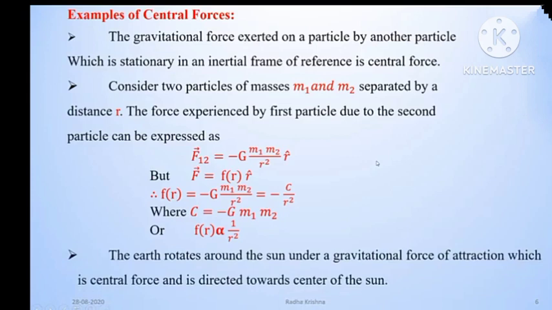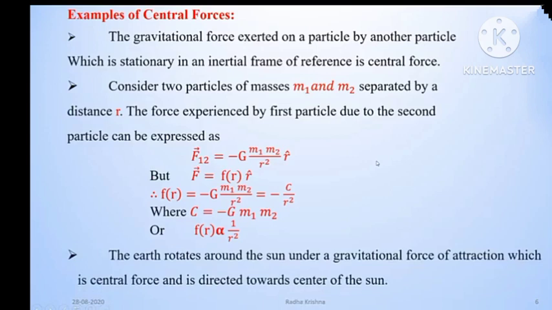Consider two particles of masses m1 and m2 separated by a distance r. The force experienced by the first particle due to the second particle can be expressed as F12 is equal to minus G m1 m2 by r square into r cap.